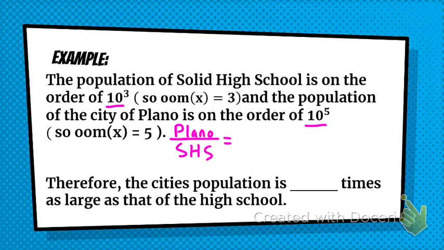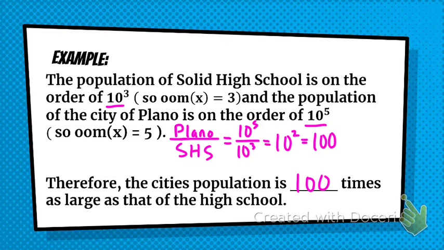The order of Plano was 10 to the 5th power, and the order of SHS was 10 to the 3rd power. Now I have this set up like what we had for our warm-up. To simplify this, that's 10 to the 5 minus 3, which is 2. 10 squared is 100. So therefore, the population is 100 times as large as the high school.